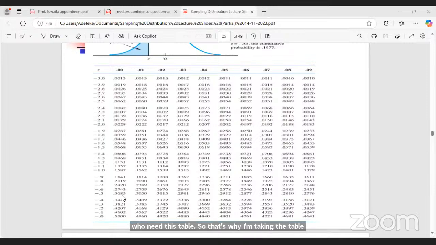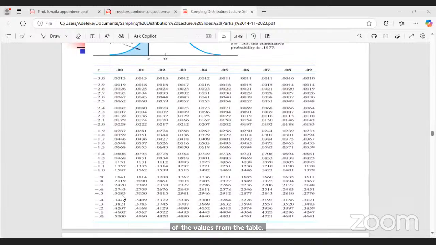Once you understand the 2 tables, then I will go back and continue the estimation. I also remember one of you requested that I go through the errors in sampling. So we'll do that today. But it is better that I put you through the use of the table. Once we are okay with it, then I will go back and continue from where we stopped. And then we start making use of the values from the table.